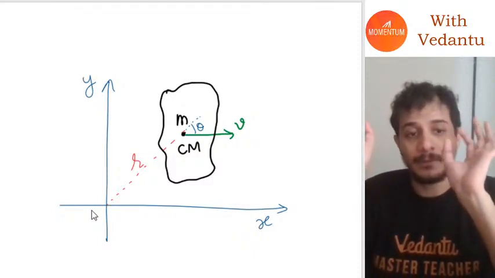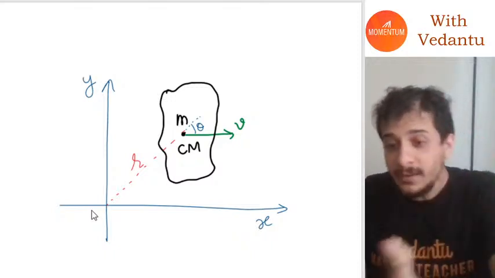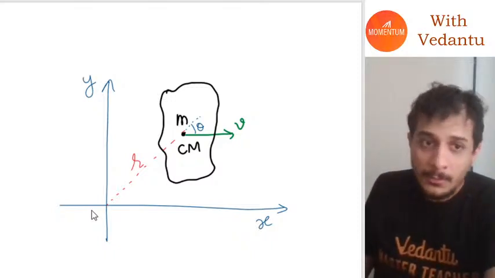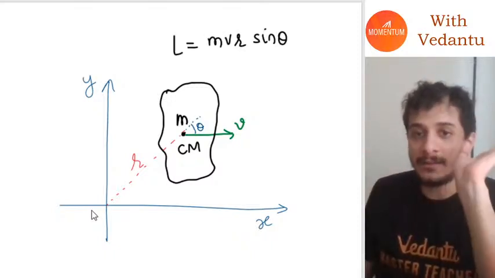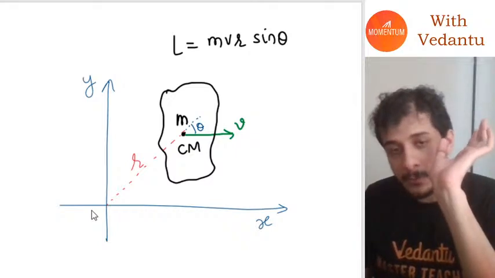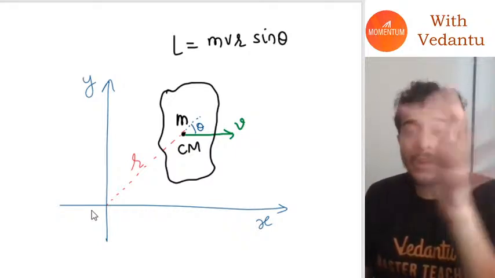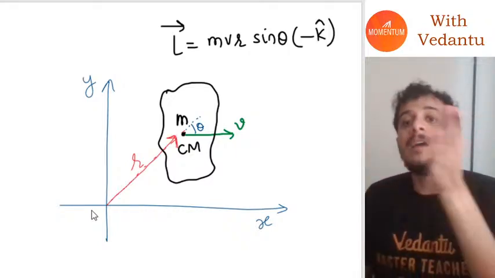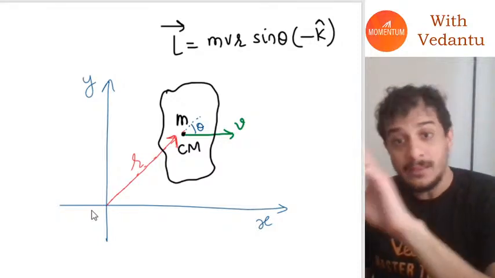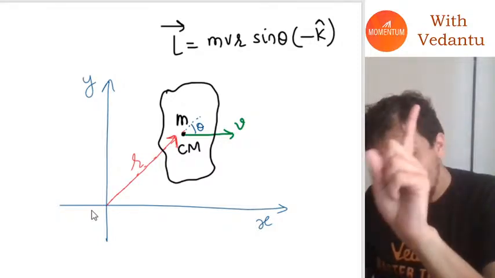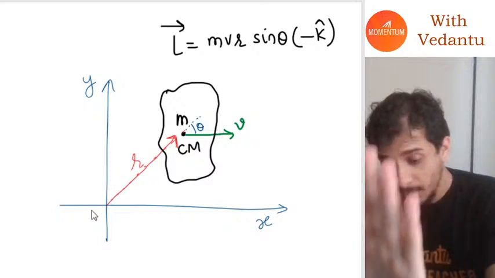Then once again, its angular momentum about origin is just mvr sine theta. If you write it in vector form, it will be mvr sine theta in the minus k cap direction. This is a body which is moving but not rotating.